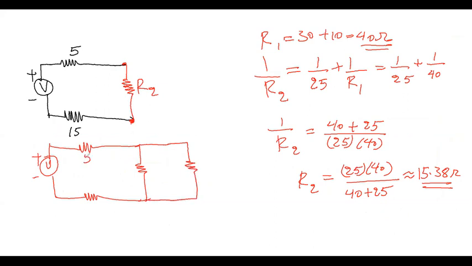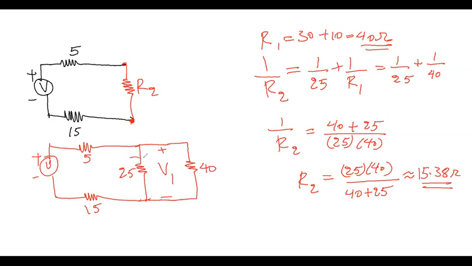This is 5, this is 15, this is 25, and this is 40. Now, since the 25 and the 40 ohm resistor are the same, they have the same voltage. Let's say that voltage is V1. So the voltage across the 40 ohm resistor is V1. The voltage across the 25 ohm resistor is also V1.